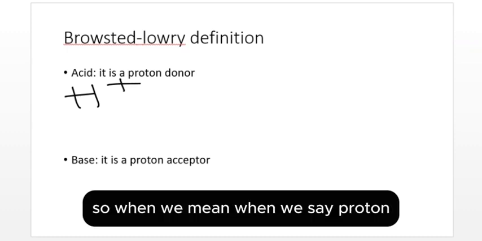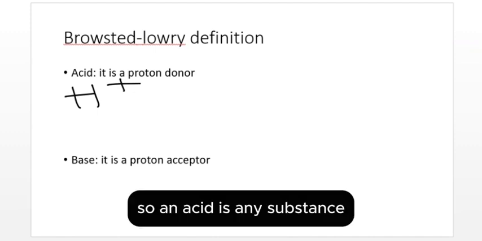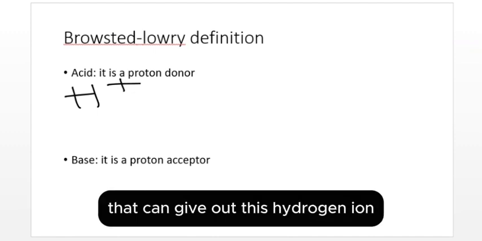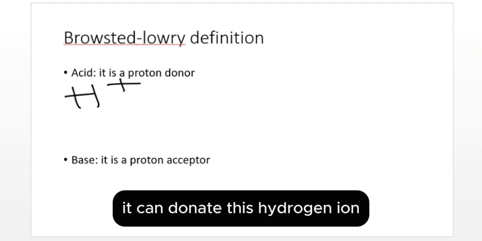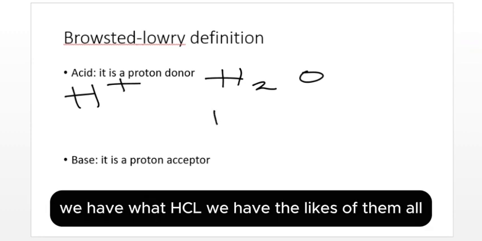When we say proton, we mean hydrogen ion. So an acid is any substance that can donate this hydrogen ion. Good examples are H2O and HCl.